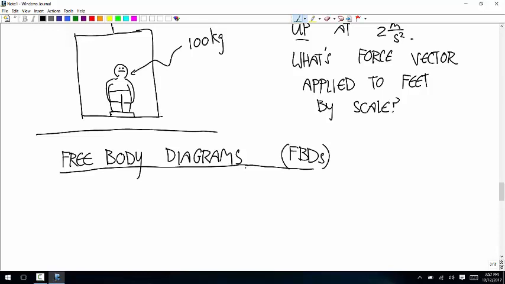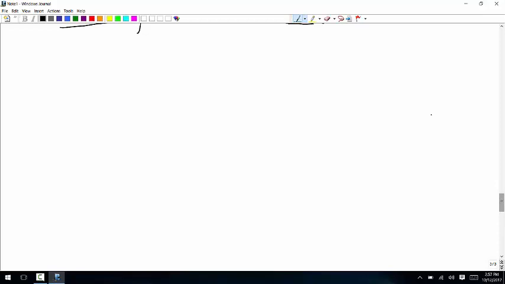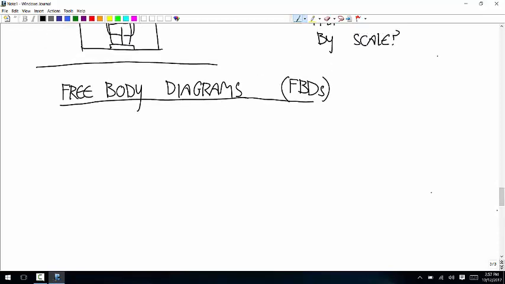And this is important, first of all. I'm going to require you to draw a free body diagram every time you use Newton's second law.